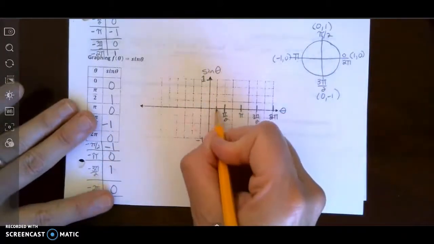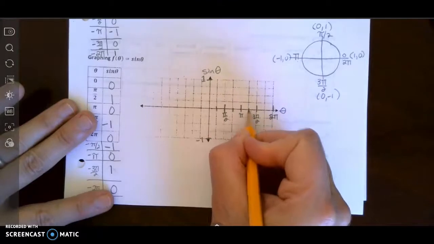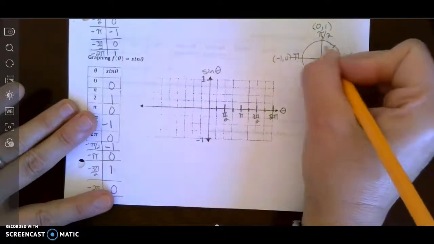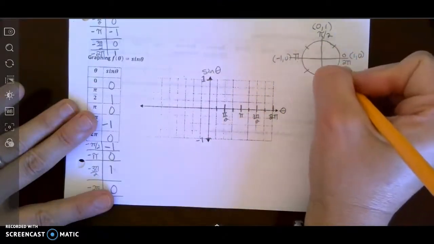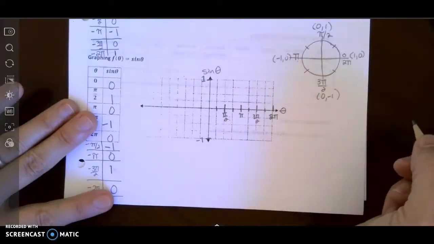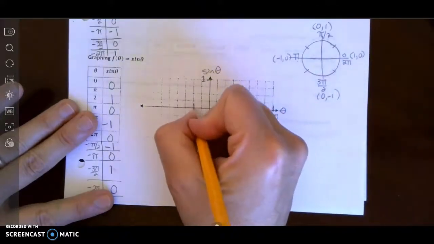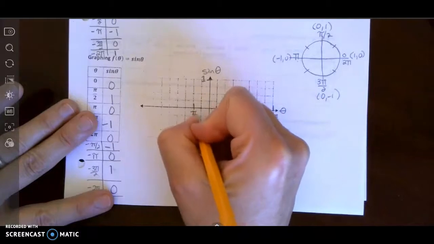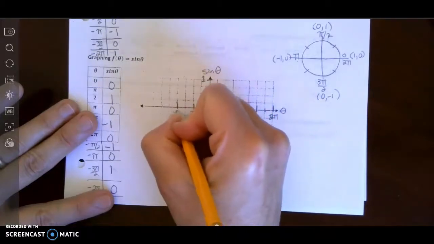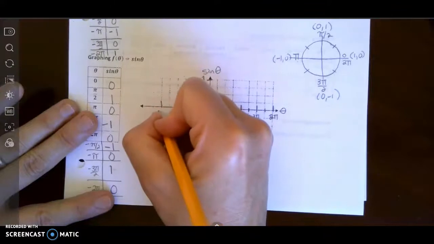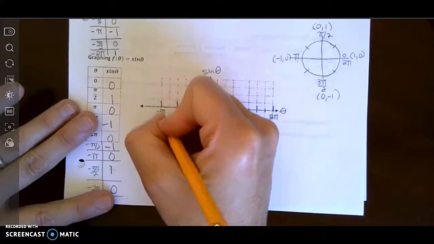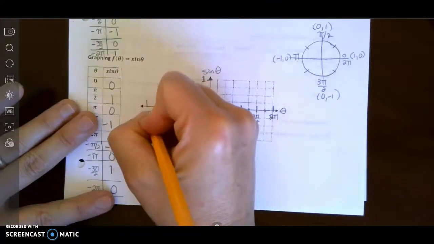Okay, and the in-betweens are my pi over 4s. That would be here, here, here, and here. Okay, and then the other direction, every other one, negative pi over 2, negative pi, negative 3 pi over 2, and negative 2 pi.